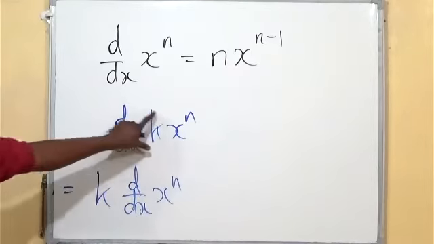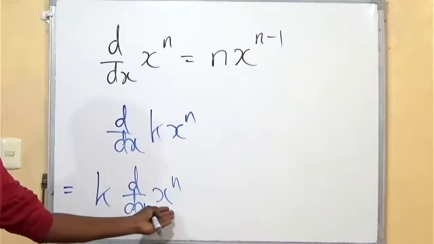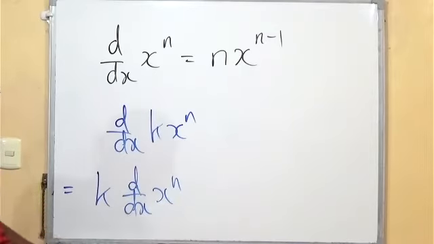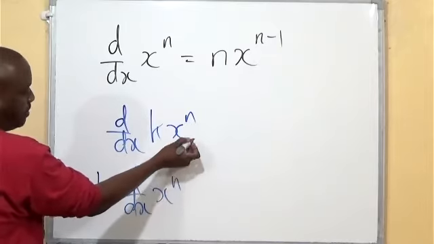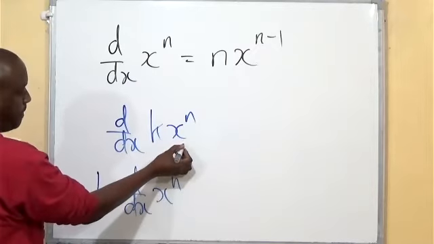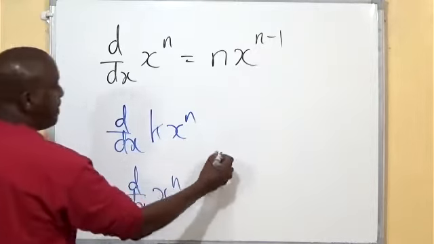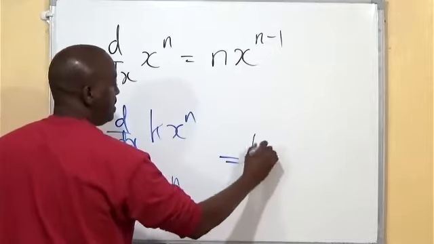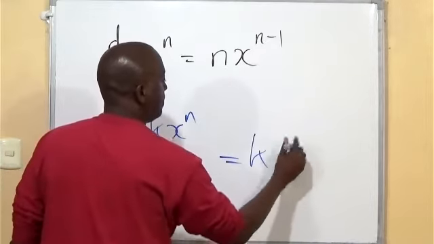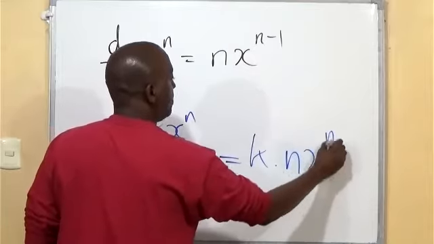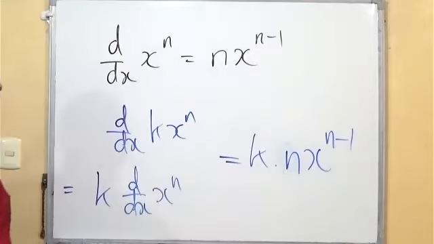So you can either take the constant out and differentiate x to the power of n by itself, or you could differentiate everything, which in effect would be just differentiating x to the n and then multiply by the constant k. So in both cases, the final answer would be k by n x to the power of n minus 1, right?